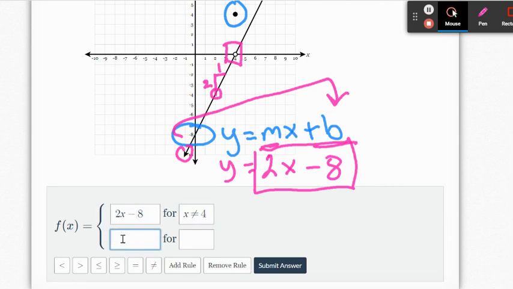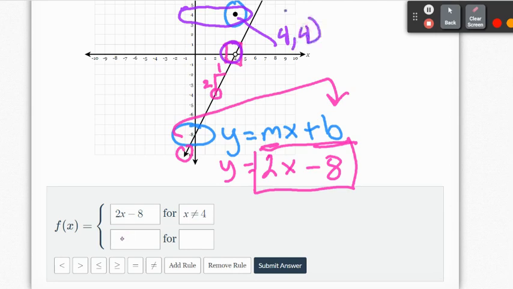And then down here, we just have to define what the graph tells us to do when x is 4. Well, it might be nothing. If there was just an open dot right there, that would be it. But they went ahead and redefined, there's a height here of 4. There's a dot here at (4, 4). So I want to define the function so that the output will be 4.